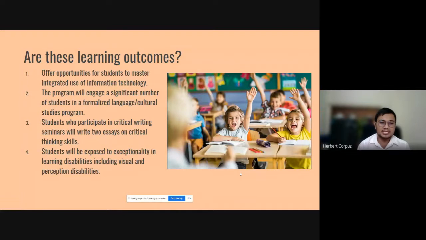The students will be exposed to exceptionality in learning disabilities, including visual and perception disabilities. Are these learning outcomes? Anyone?